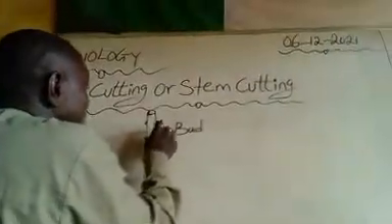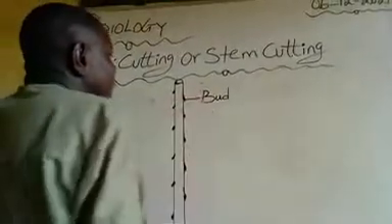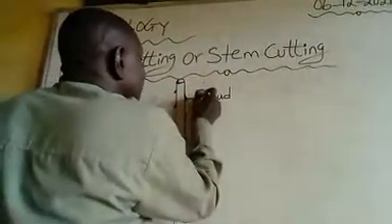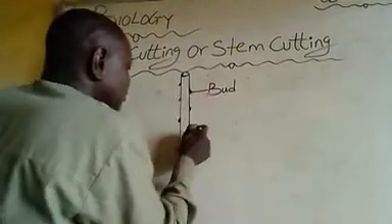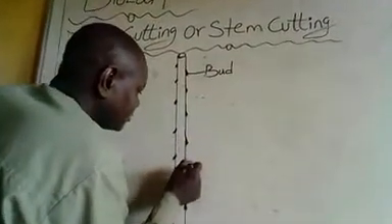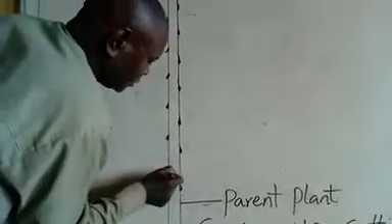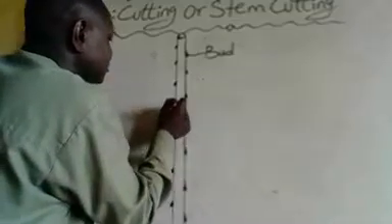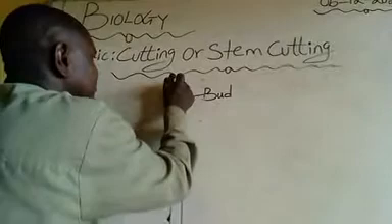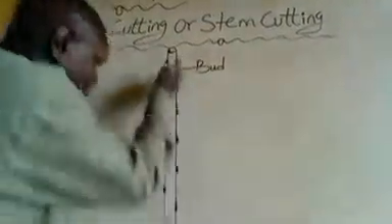As you can see, this cassava stem has what we call buds. Look at the buds. This is a bud. This is a bud.